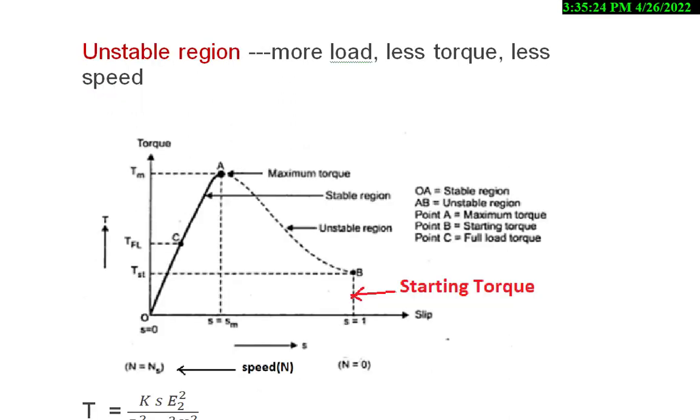We have seen what is the torque speed characteristic of the three-phase induction motor, and we have seen what is the torque slip characteristic of the three-phase induction motor, and we saw what is the difference between the squirrel cage induction motor and the slip ring induction motor.